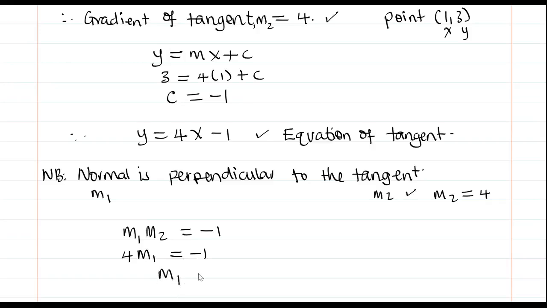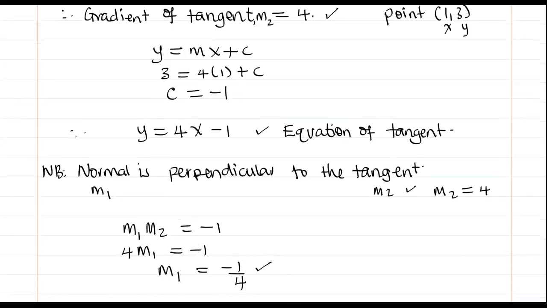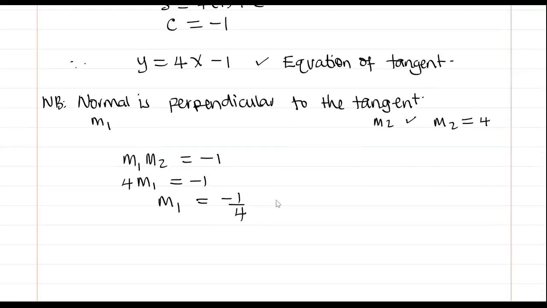Therefore, m1 equals -1/4. This is now the gradient of the normal. Yes, we are taking time, but these are the steps of the normal.